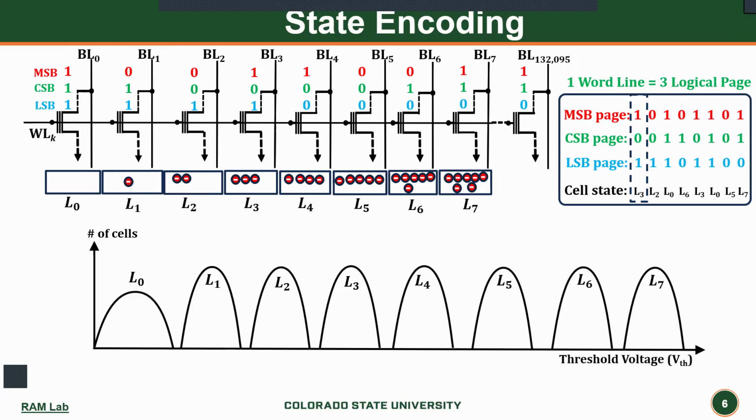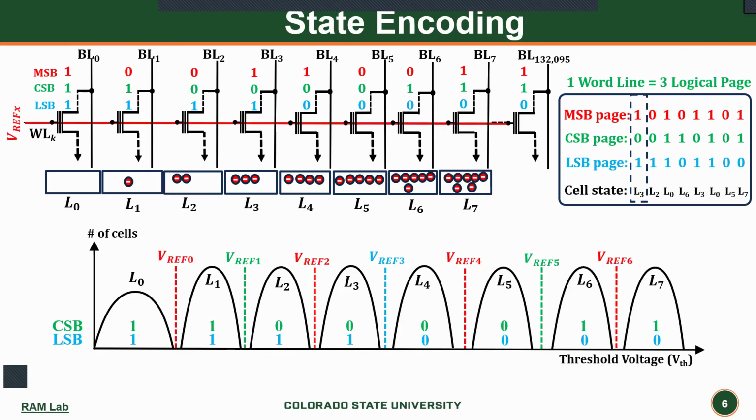In the case of reading, if we take a deeper look at the threshold voltage distribution of all the cells in a 3D NAND flash block, at first we have to apply the reference voltage 3. Cells that have less threshold voltage than that are considered as 1, and a higher threshold voltage will be considered as 0. In the same way, to read the CSB page, we have to apply VREF1 and VREF5.